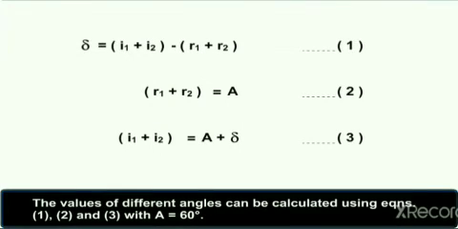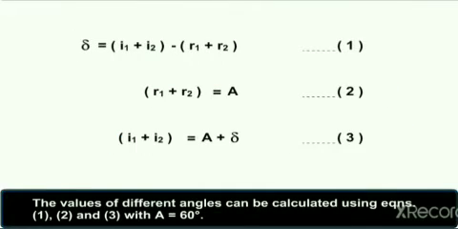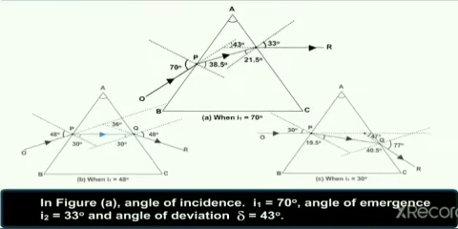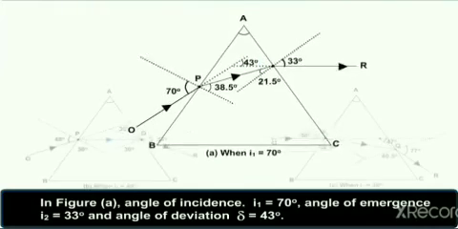The values of different angles can be calculated using equations 1, 2, and 3 with A equal to 60 degrees. In figure A, angle of incidence I1 is equal to 70 degrees, angle of emergence I2 is equal to 33 degrees, and angle of deviation delta is equal to 43 degrees.